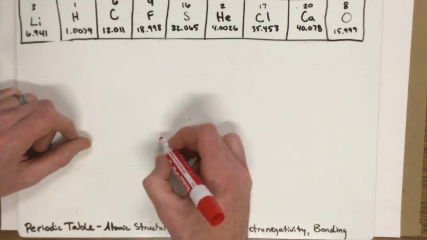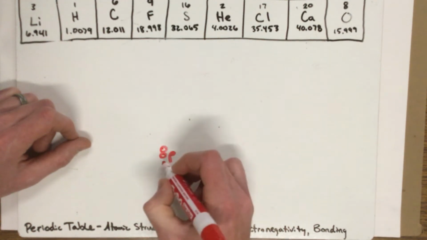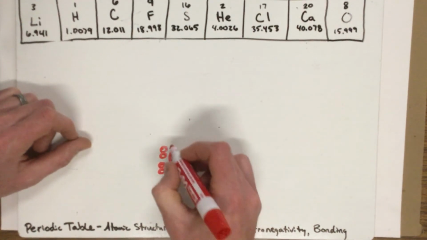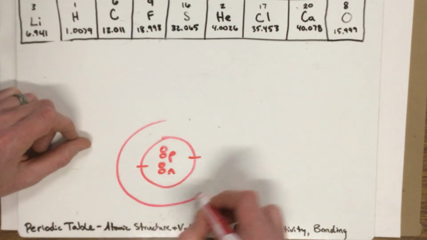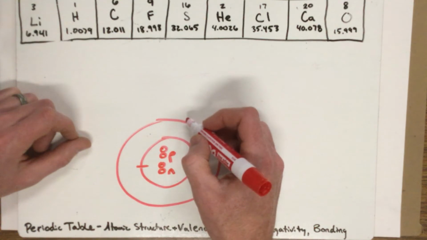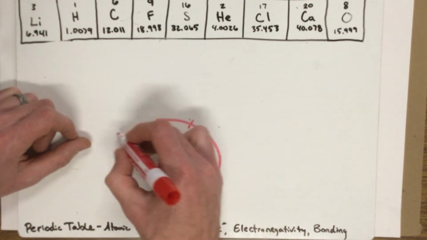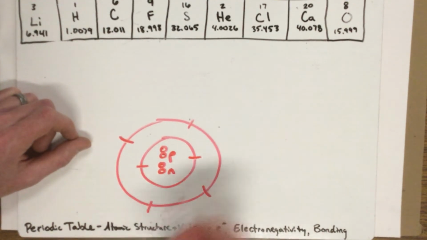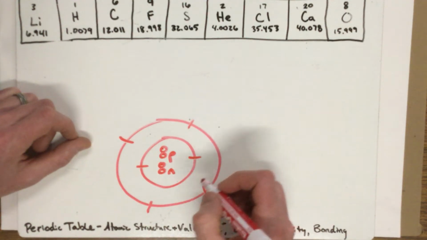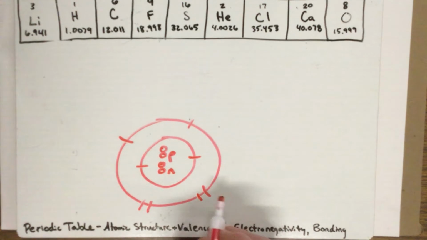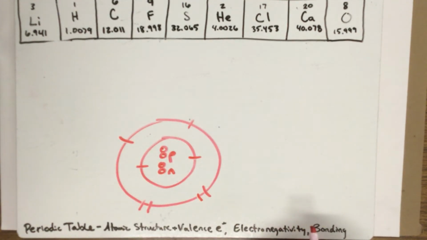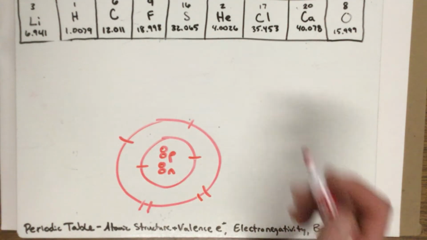Let's go with 8 protons, 8 neutrons, 1, 2, 3, 4, 5, 6, 7, 8, and 8 electrons. Now let's bring in a hydrogen.